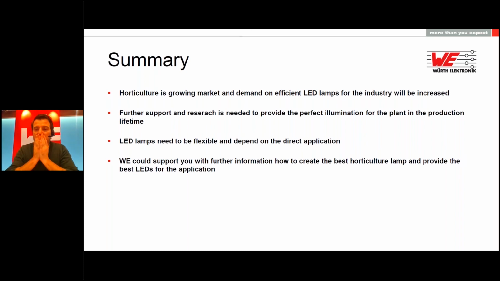What we have seen is that LED lamps need important consideration: what type of spectrum we need, what type of illumination we need, how we can do this. And in this case, we are here to help you and to give you the first help and important tips about how to make your application better.